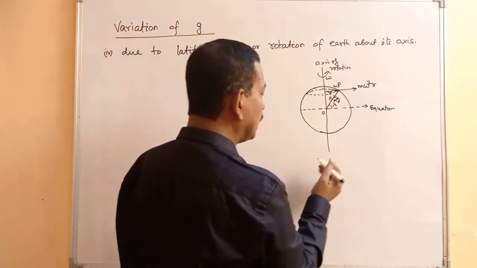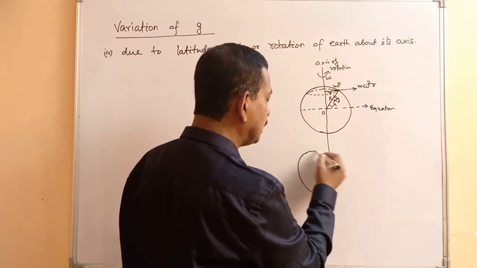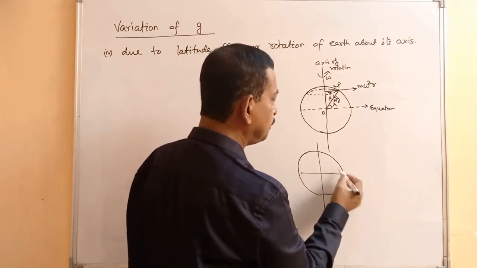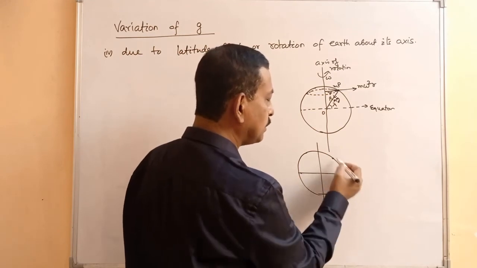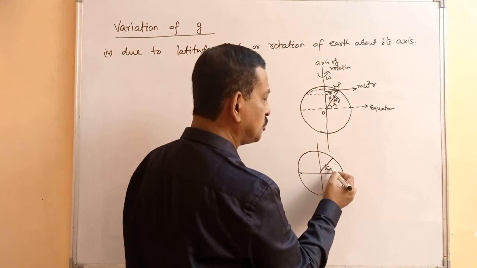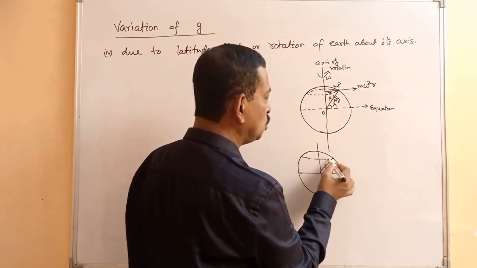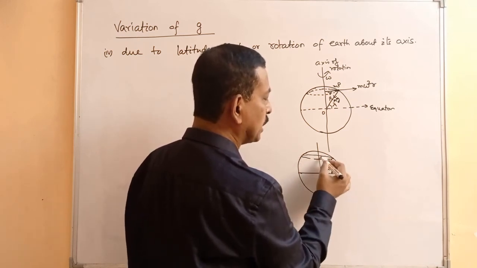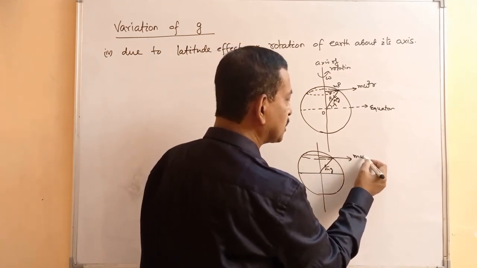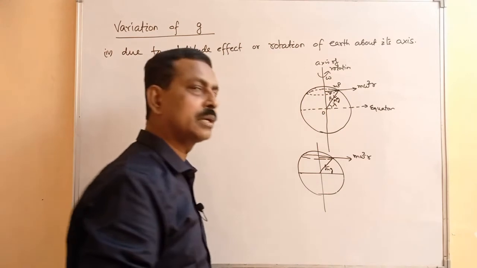So basically you can assume that this is the point, this is the Earth, weight is acting in this direction, mg, and due to its motion about the axis of rotation, centrifugal force will act in this direction, m omega square r.